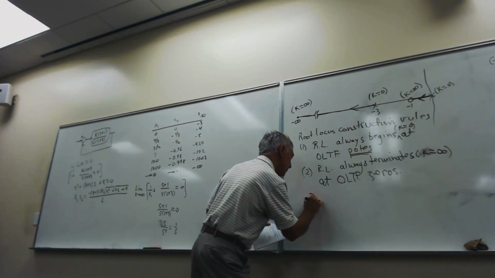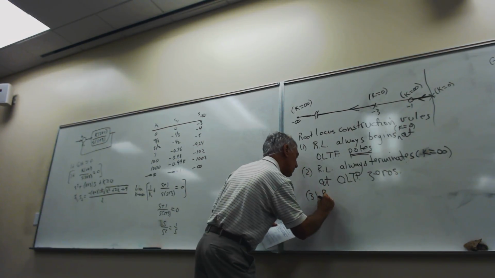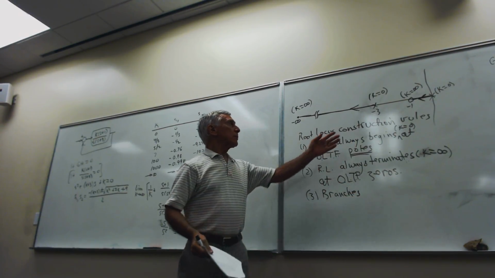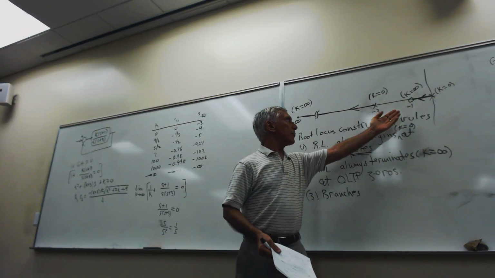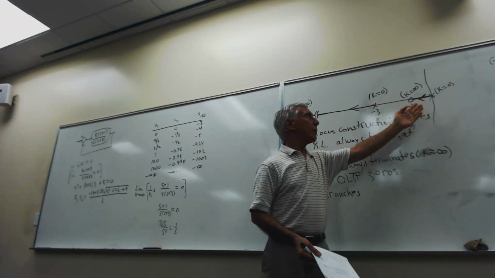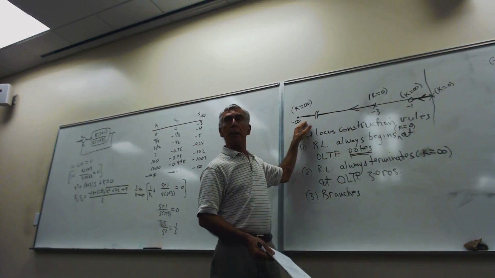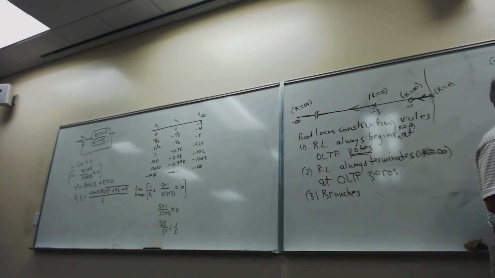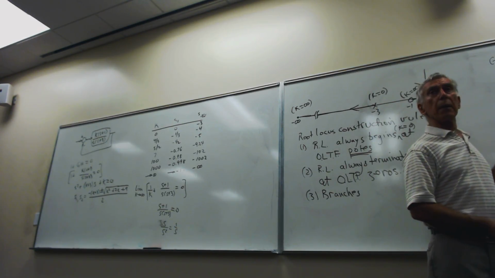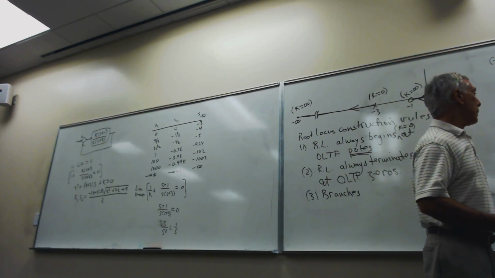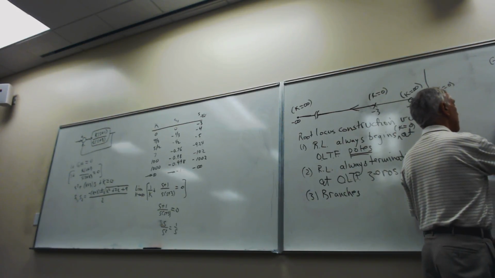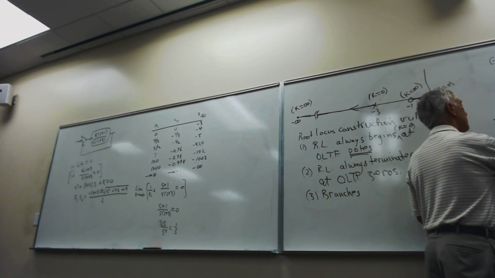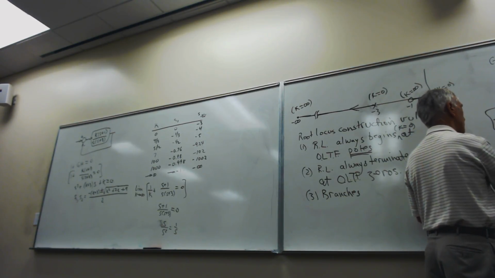Okay, the third one, the branches. In this particular case, we have two branches. That's one here, that's another one here. This one here has three branches: 1, 2, 3. The other system that we had, the K over s plus 1, s plus 3, remember that one?